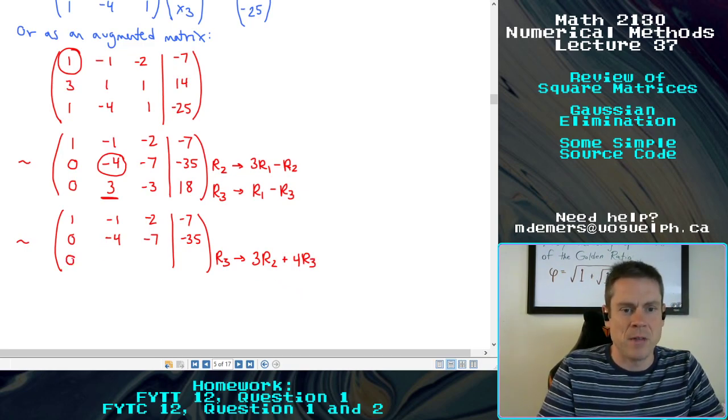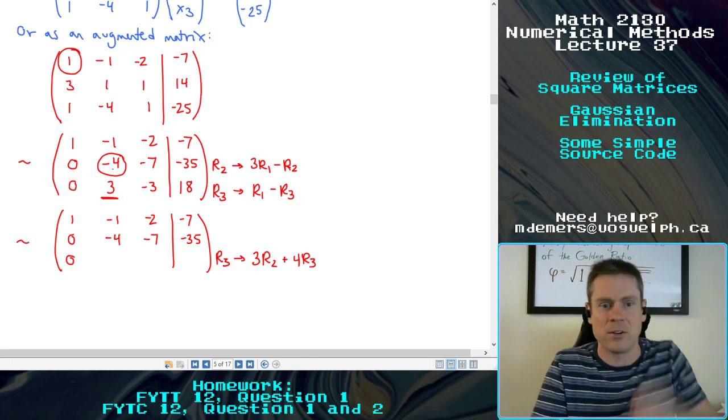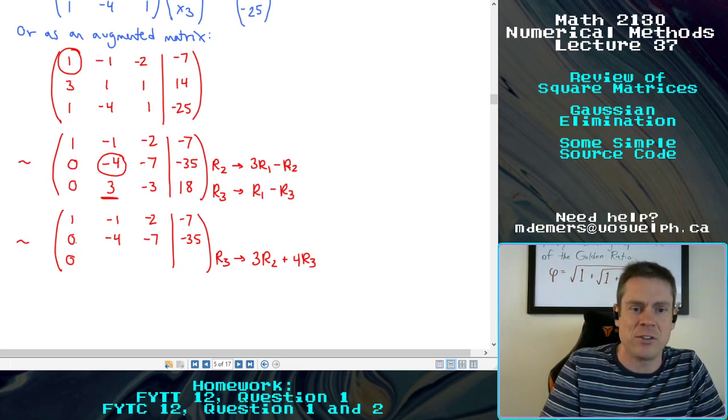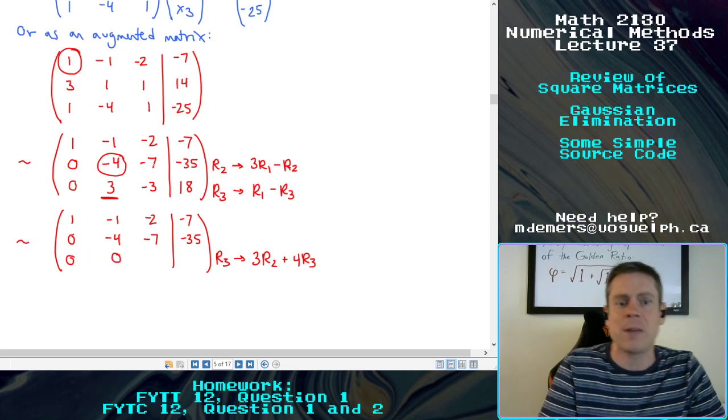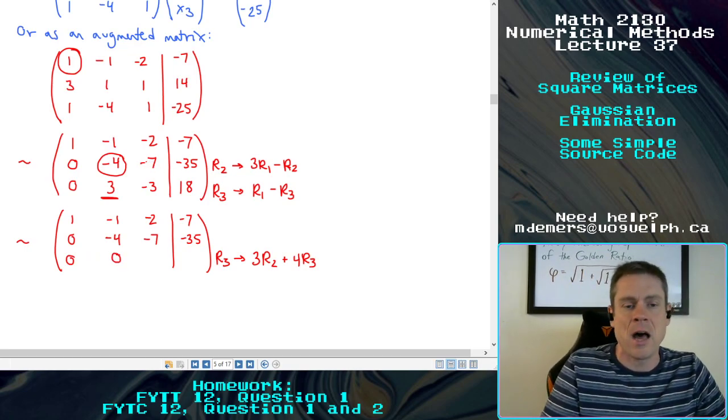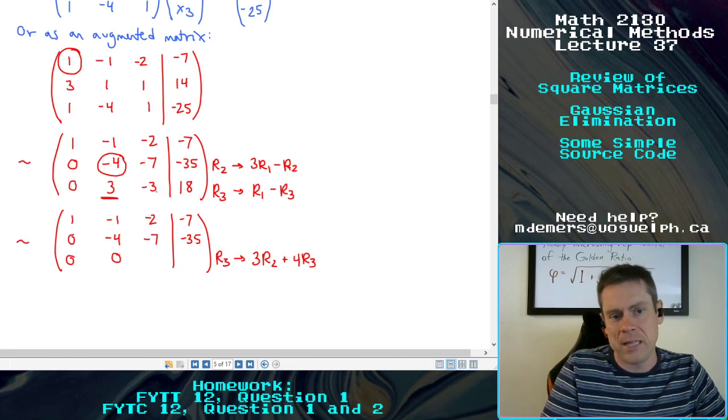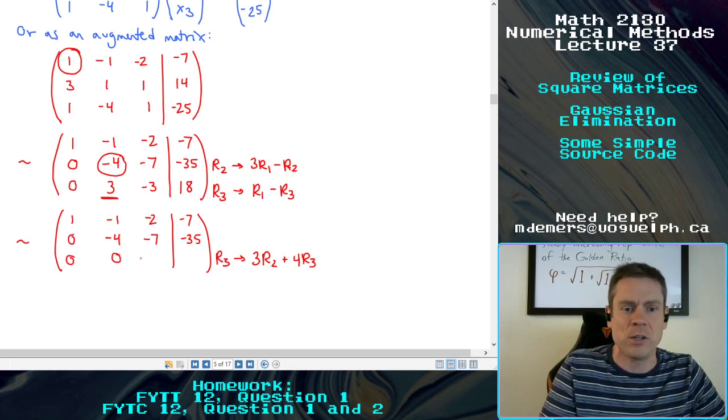Perfect. I get a 0 there because, of course, 0 and 0, it doesn't matter what combination I get them in, it's 0. And then that combination is going to give me a 0 right here. We have to think about what's going to happen in the third column. But 3 times minus 7 is minus 21, plus minus 3 times 4 is minus 12, minus 21 and minus 12, minus 33.